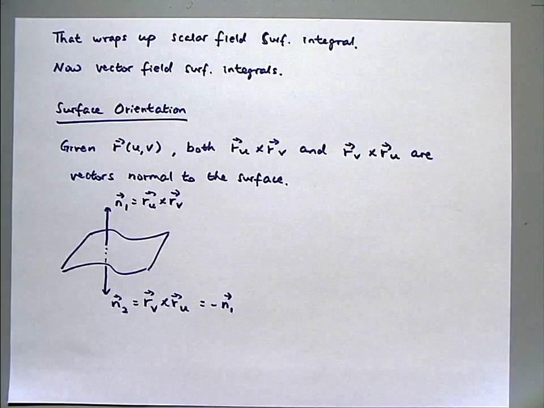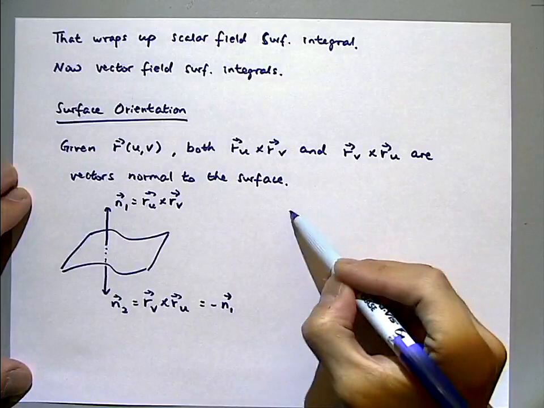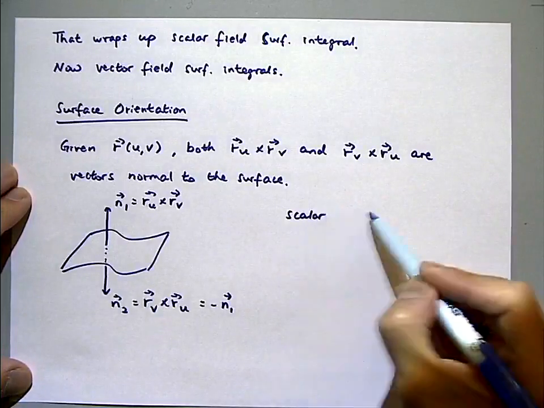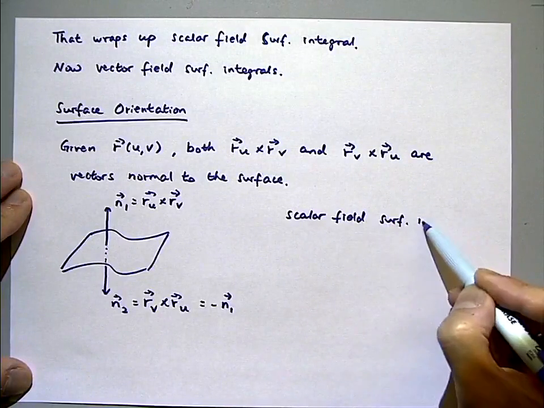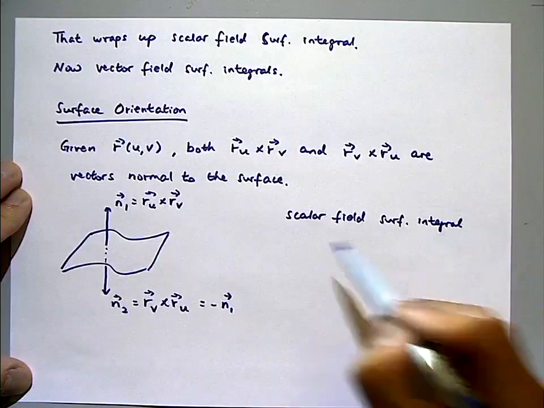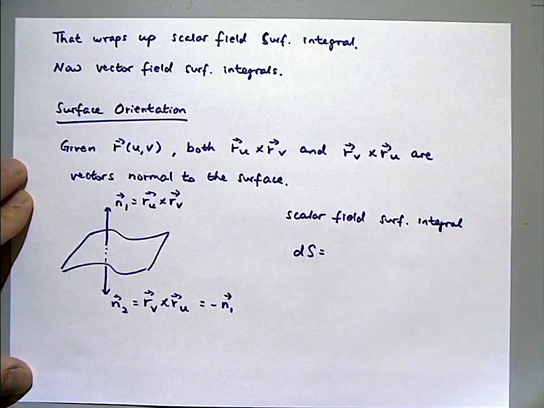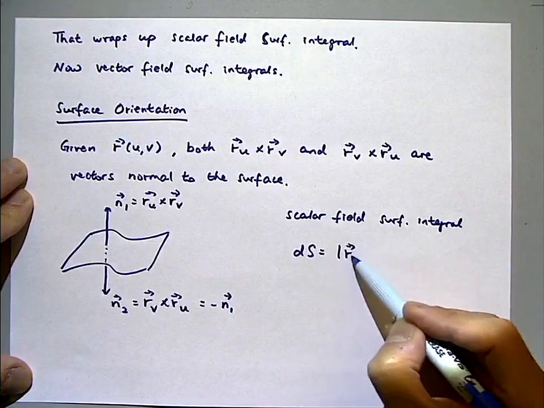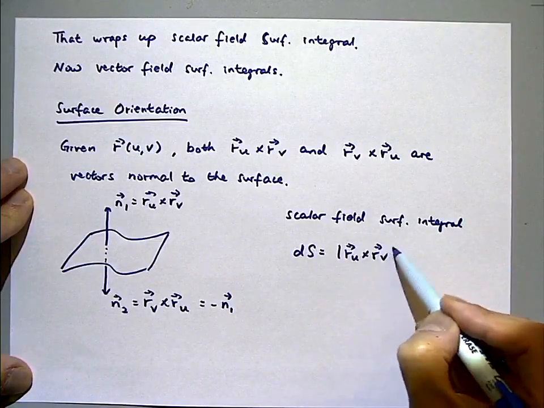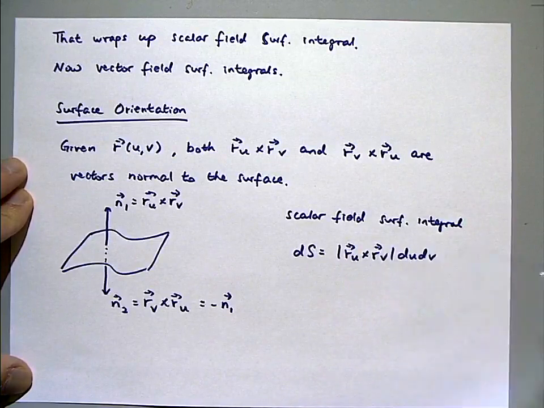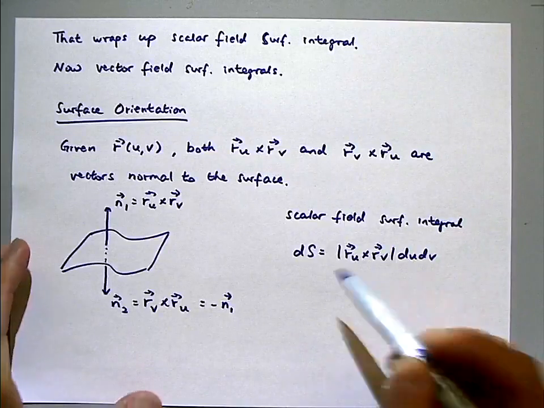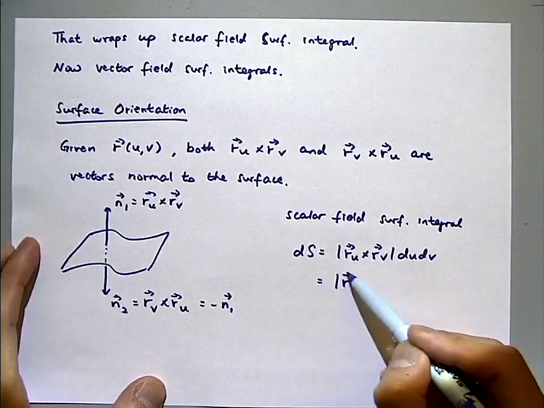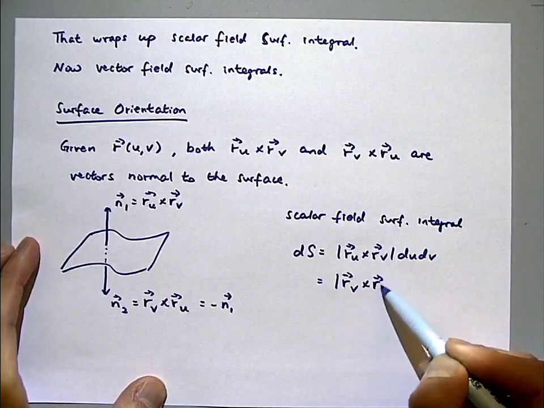So when we do a scalar field integration, we know that the differential surface element is this thing: the magnitude of Ru cross Rv, which of course is the same as the magnitude of Rv cross Ru.